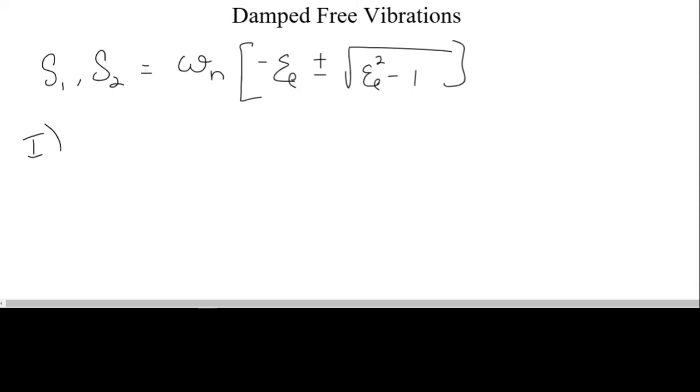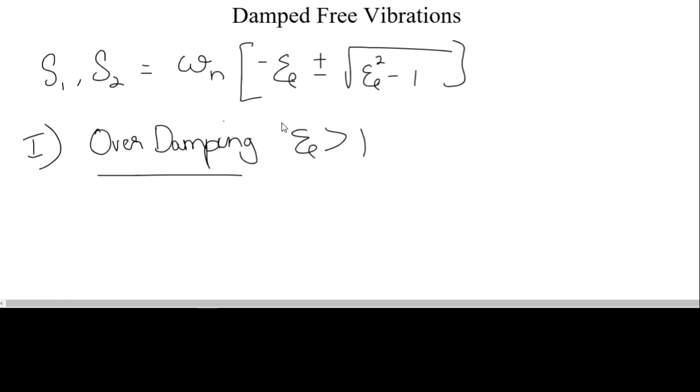First one is over damped condition or over damping. You can write over damping or over damped condition. So I will be just writing over damping. That is when this damping factor is greater than 1.